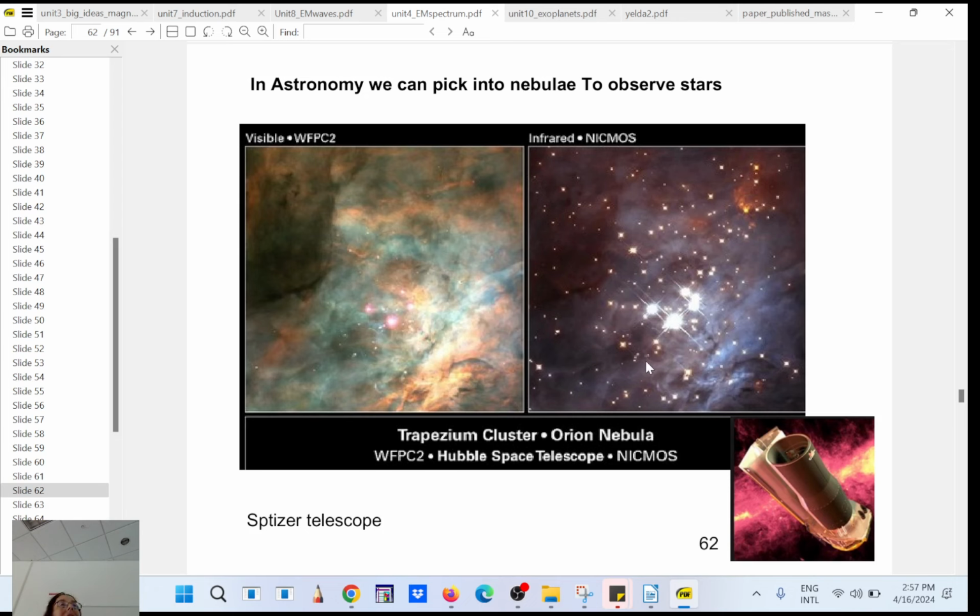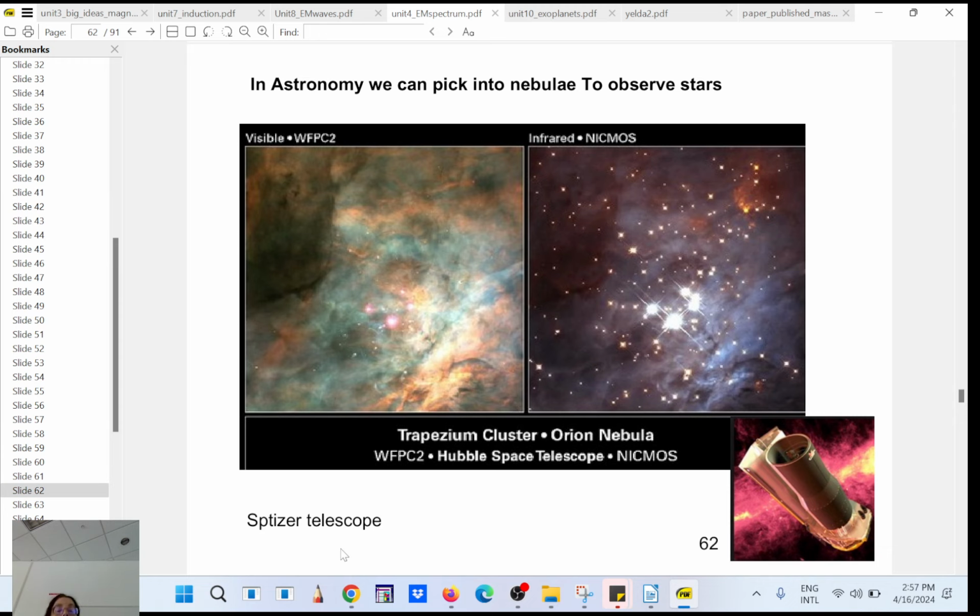It will just go through, and you can peek through and see the stars hidden inside that cloud. Isn't that nice? So you need visible vision and infrared vision, and you have telescopes for gamma rays and for X-rays, and then you combine all the images. So it used to be Spitzer, an infrared telescope, but it has been phased out.